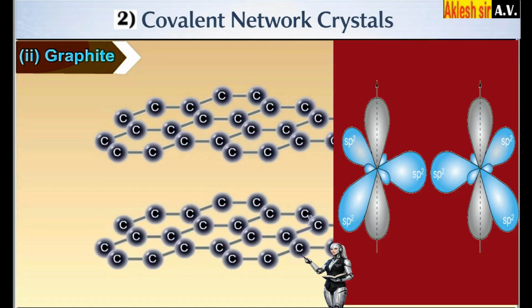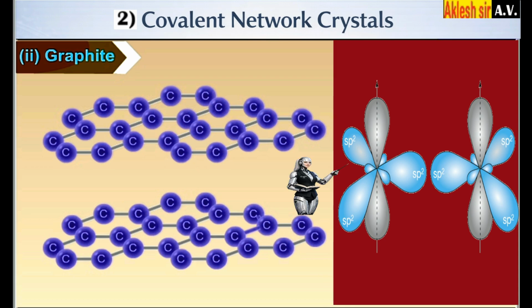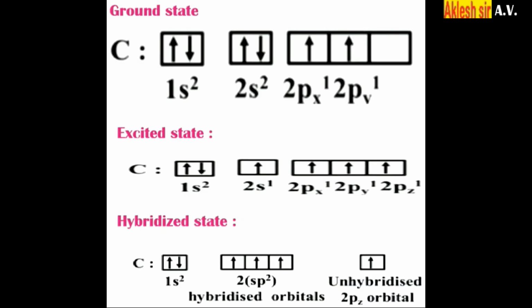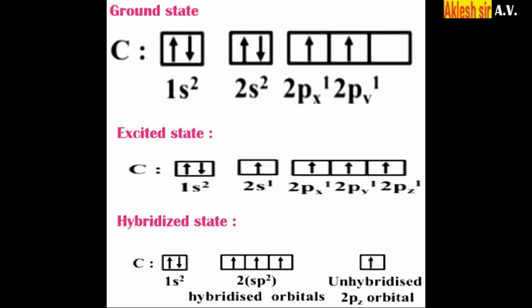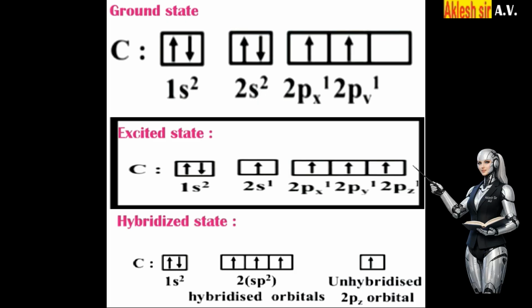Graphite is another allotropic modification of carbon. All carbon atoms in graphite are sp2 hybridized. Know that the ground state electronic configuration of carbon is 1s2, 2s2, 2px1, 2py1, 2pz0. To stabilize the entire symmetry, an electron from 2s2 jumps into 2pz, which was 0. Once it jumps, this becomes an excited state configuration: 1s2, 2s1, 2px1, 2py1, 2pz1.